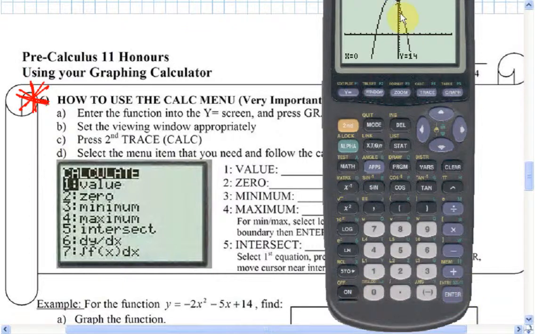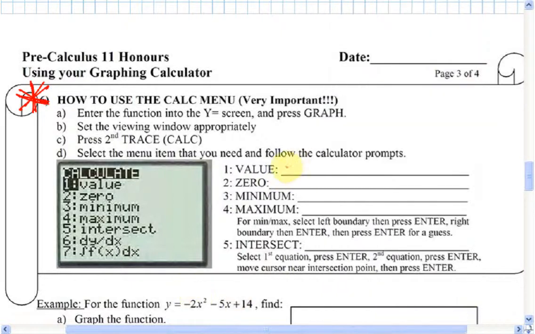You get the y value of 14. Maybe I'll try another one. Try value, let's say 2. Press enter. It gives me -4. So the value feature says the following. You put in x. Calculator will find y. Yeah, it's just like the other thing, but I think this one's a little bit easier to use.